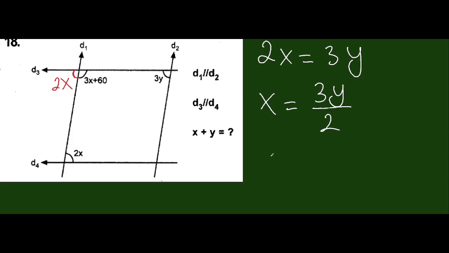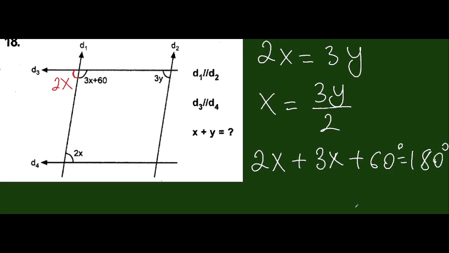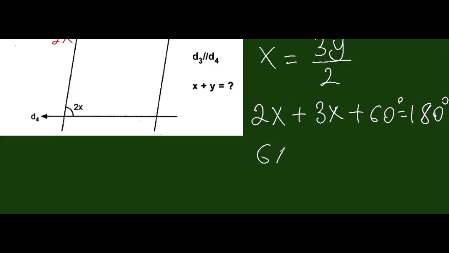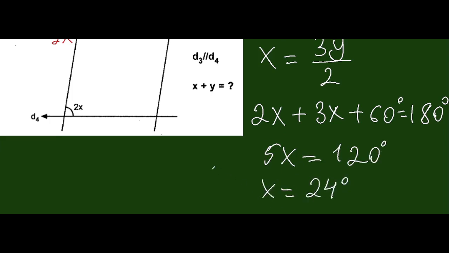So we can write down 2x plus 3x plus 60 will equal 180 degrees. This is 5x. 5x will equal 120, and x will equal 24 degrees.